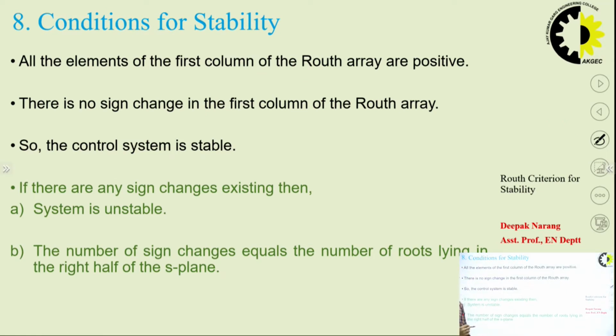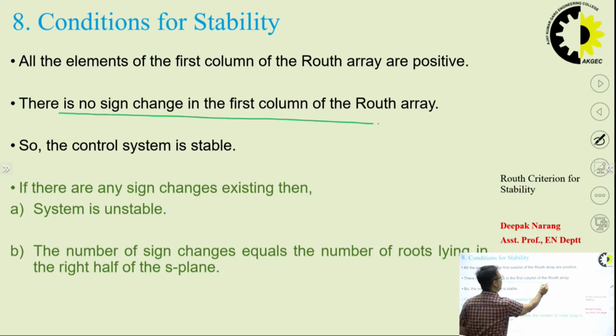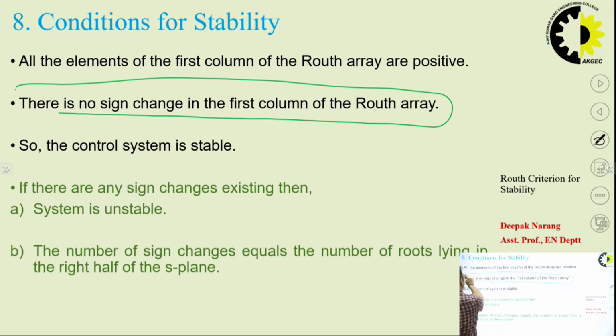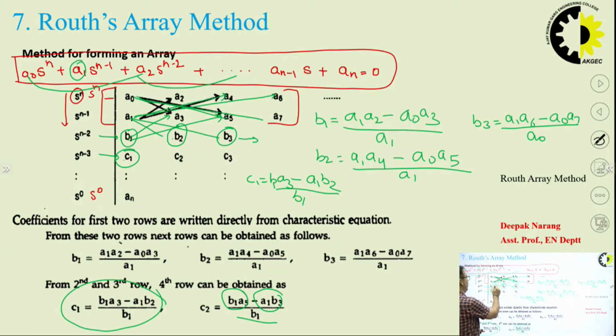Now, after forming this array, we should have some conditions on the basis of which we call our system stable or unstable. After designing the Routh array, first of all, there should be no sign change in the first column of the Routh array. This is our first column: A0, A1, B1, C1 and up to An.